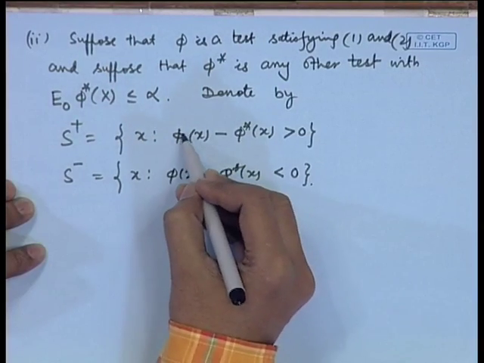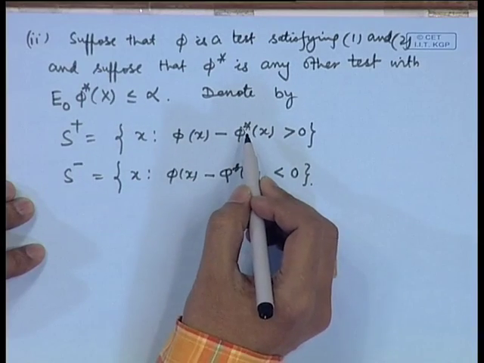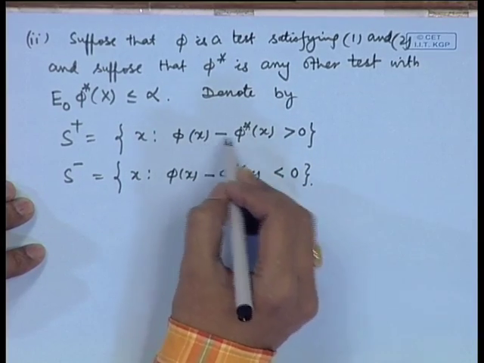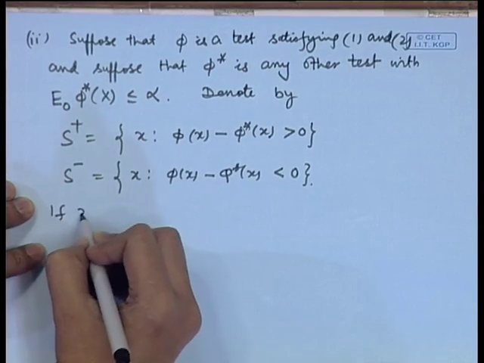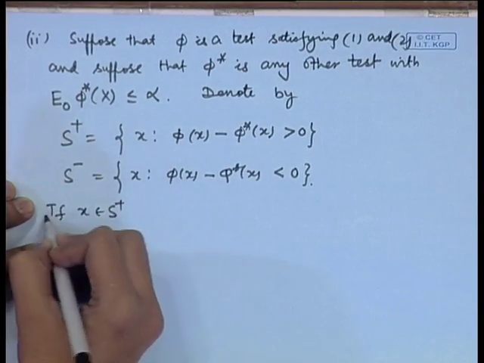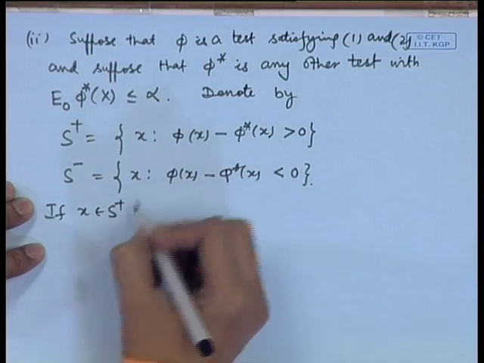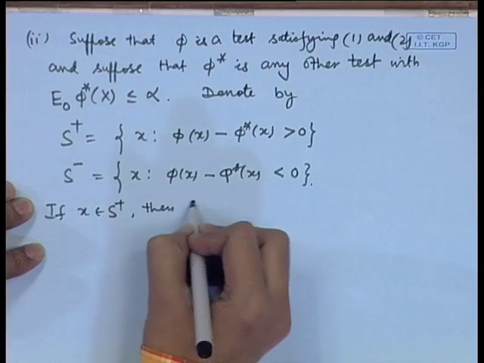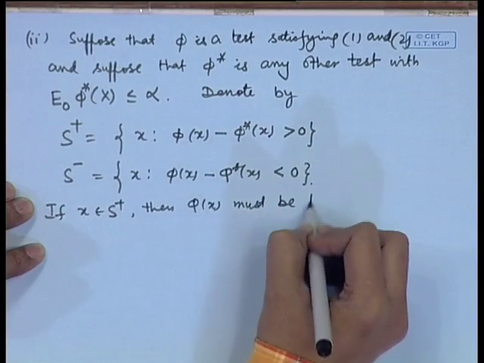Now, these two are test functions. So, both phi and phi star take values 0 or 1 or between 0 and 1. So, if x belongs to S plus, then phi x is strictly greater than phi star x, then phi x must be positive.